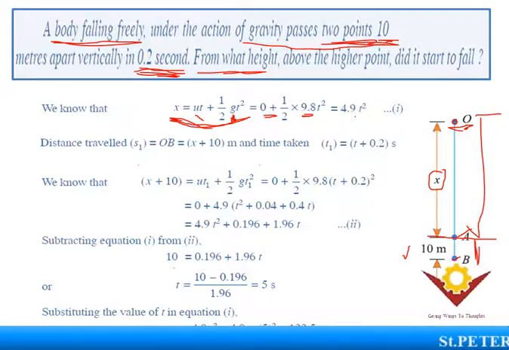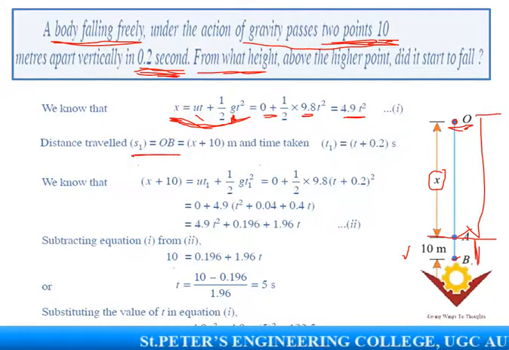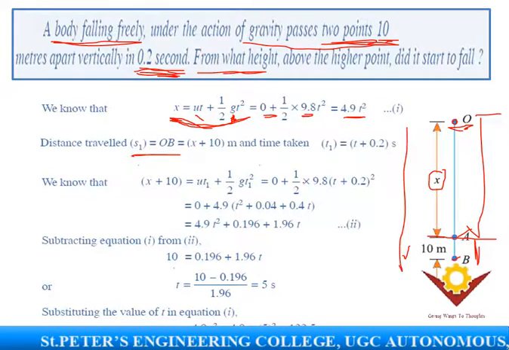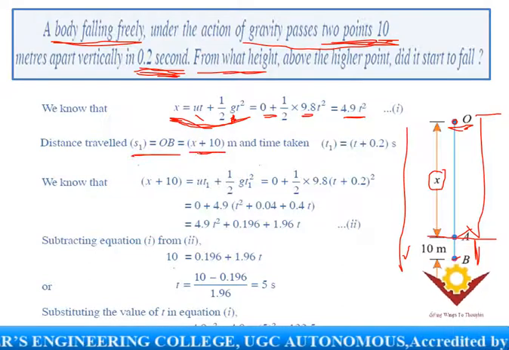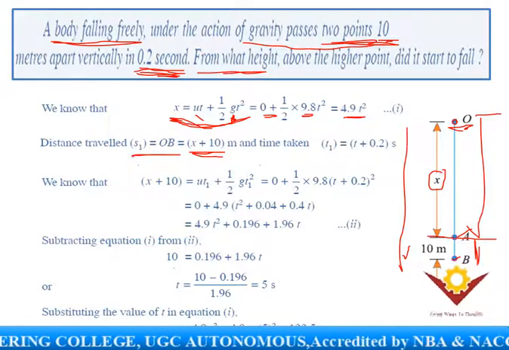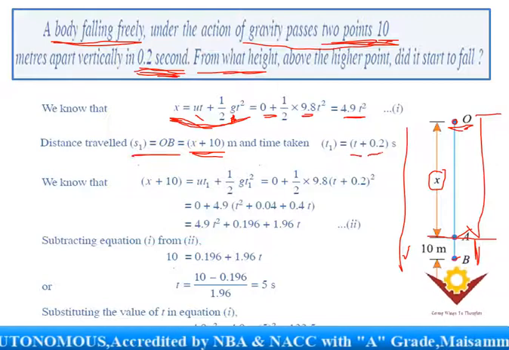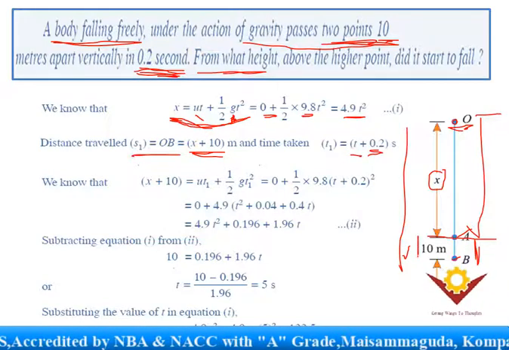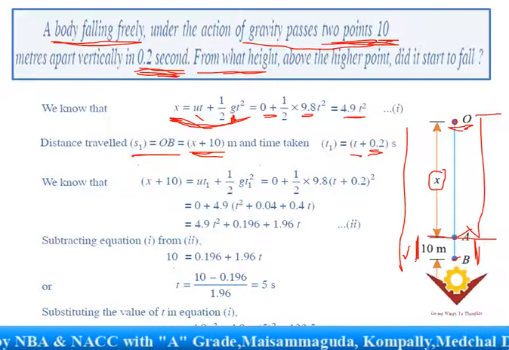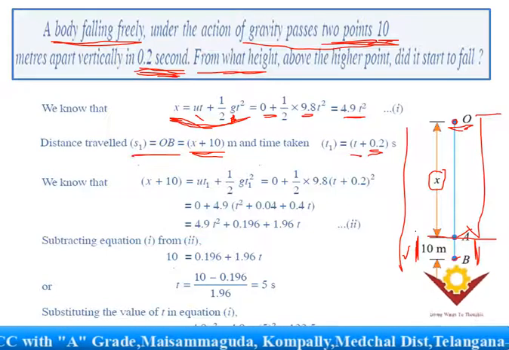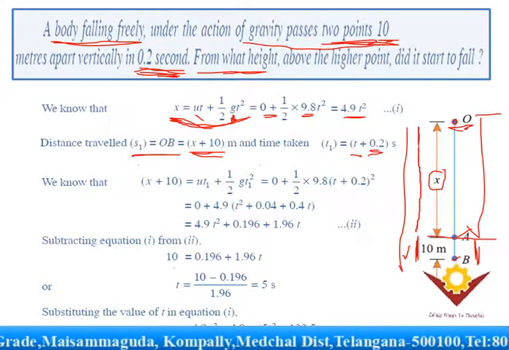If you simplify this, you get 4.9 t square. Now the distance traveled from O to B is x plus 10 meters. The time taken is t plus 0.2 seconds. 0.2 seconds is for the distance between A and B, and t is for the distance between O and A.